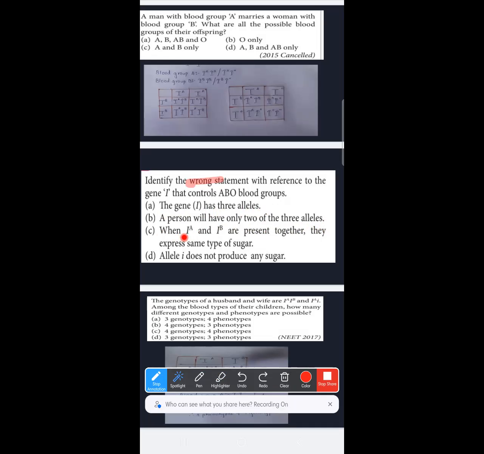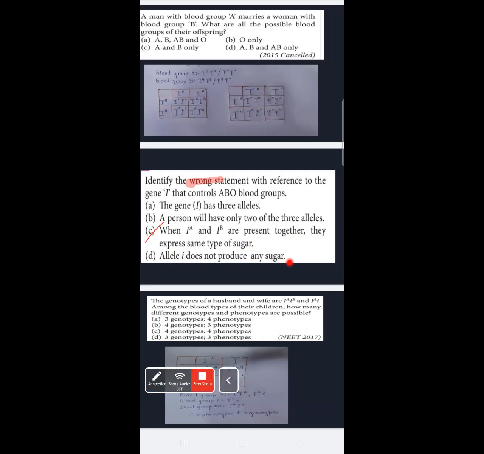Next, when IA and IB are present together, they express the same type of sugar. No, we know IA and IB express different types of sugar. So we got the answer here. But be sure to read the next statement too. Allele i does not produce any kind of sugar. Yes, it does not produce any sugar. So the answer for this question is C.